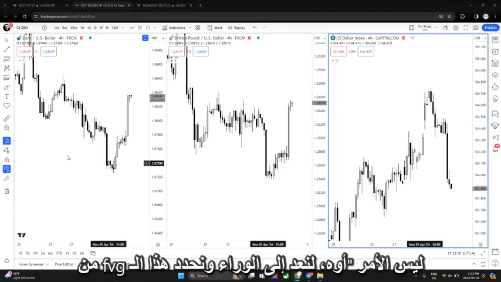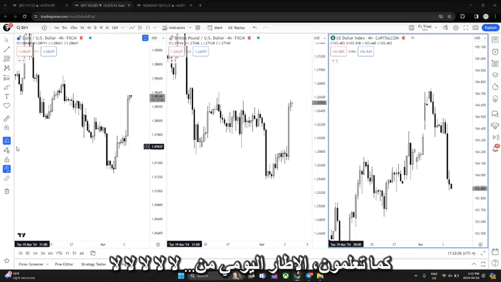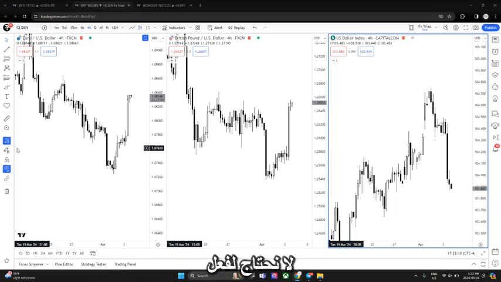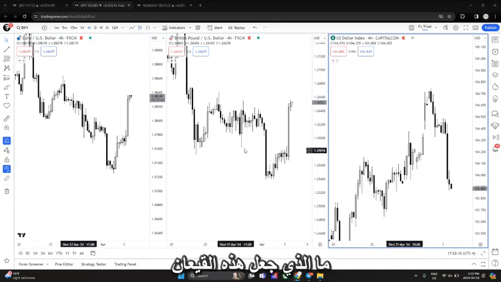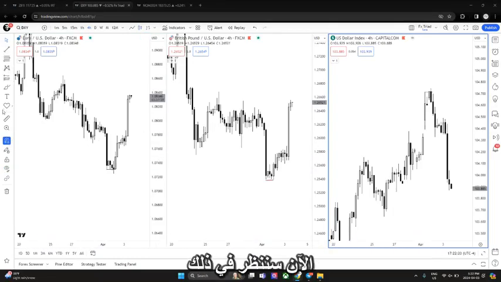It's not, oh, let's go back and mark out this daily fair value gap. No, we don't need to do that. And what made these lows important?